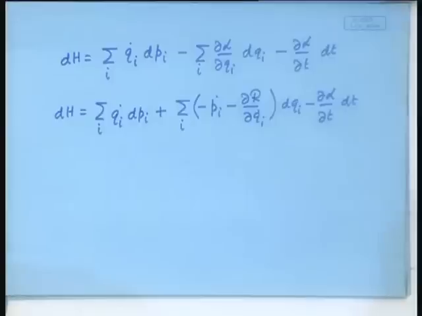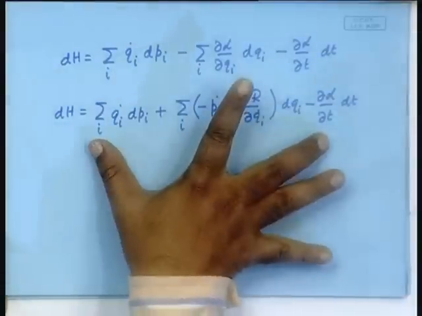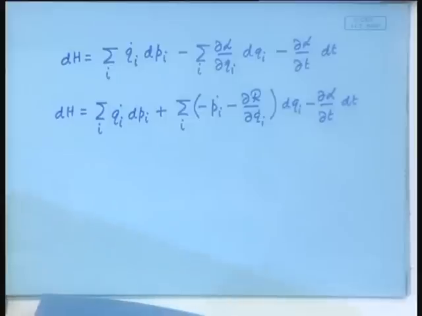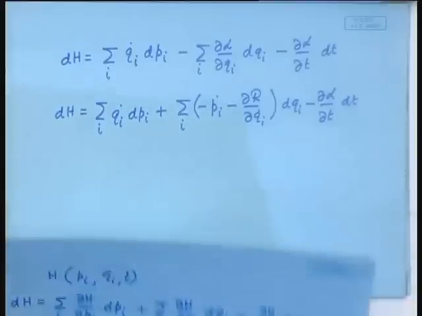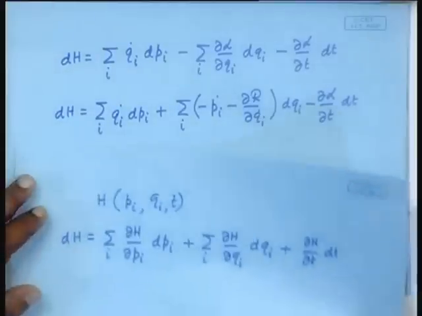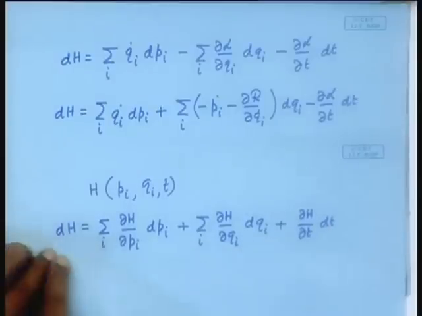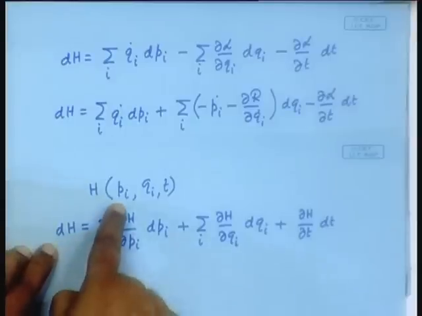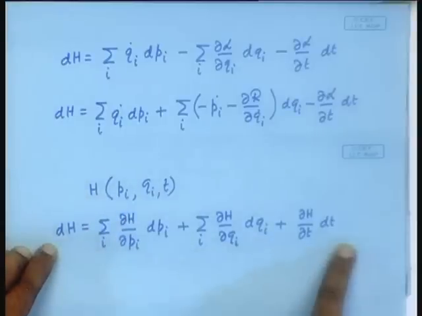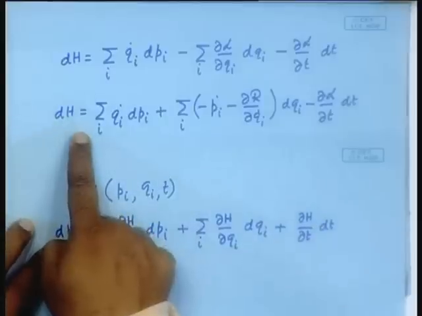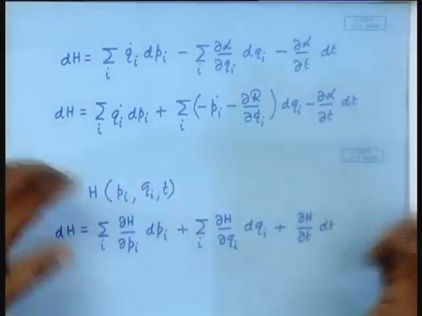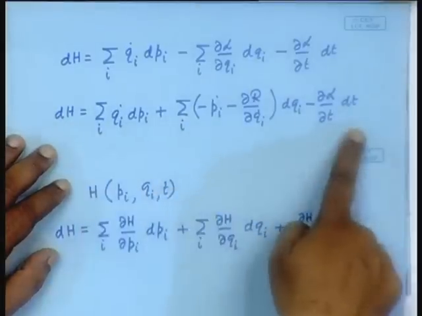Well. Now you see we have obtained this from the right hand side, and this was another equivalent expression we had obtained. In this case we had stated that H is dependent on Pi, Qi, T, and we had expanded this, and in this case we had written that that is also the Lagrangian function, and therefore we have expanded that.